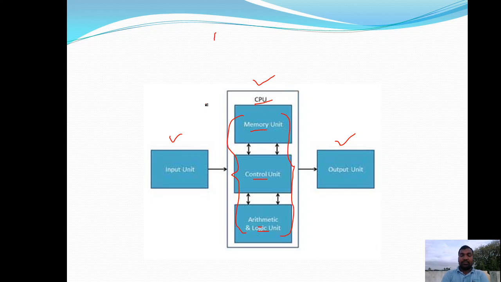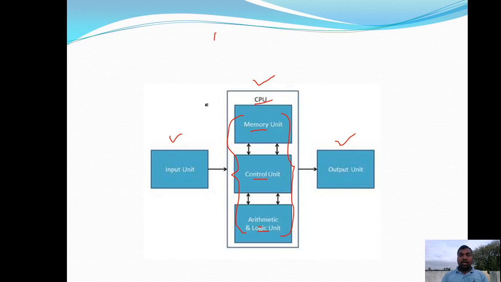The data is transferred to the arithmetic and logical unit, where the operation is performed. Then the control unit coordinates with the memory unit to store the results and to get the data which exists in the memory unit. Whatever output is generated by the arithmetic and logical unit is transferred to the output unit.